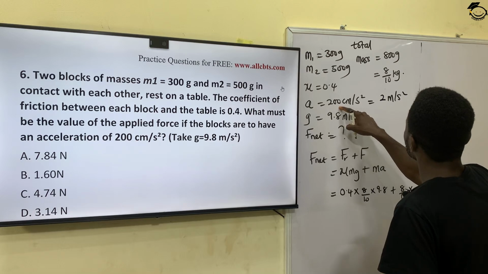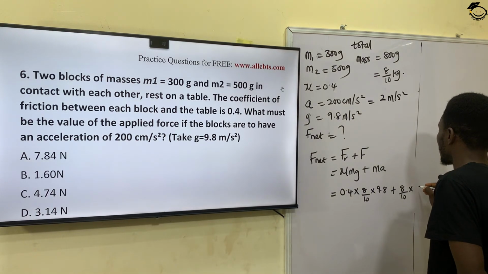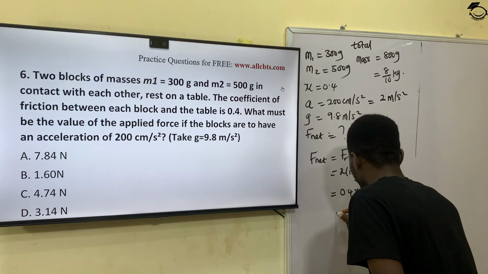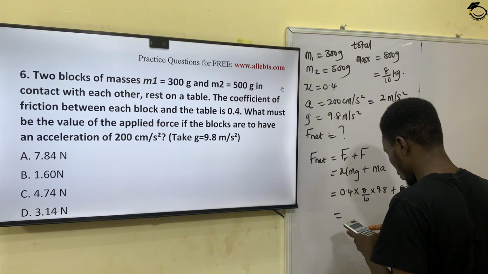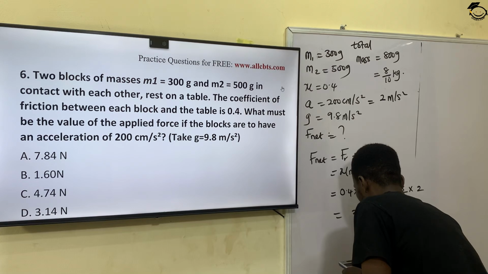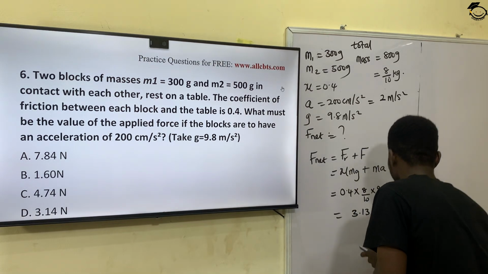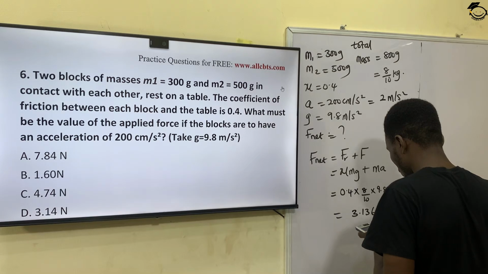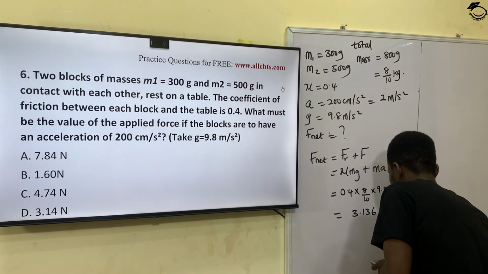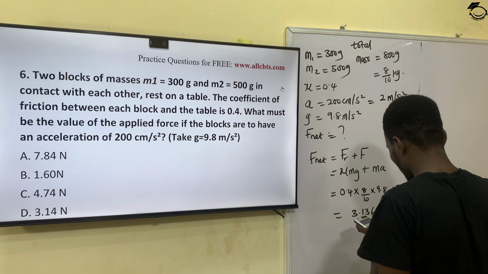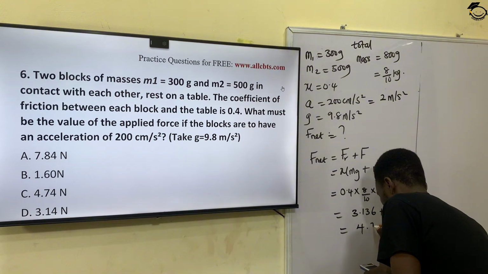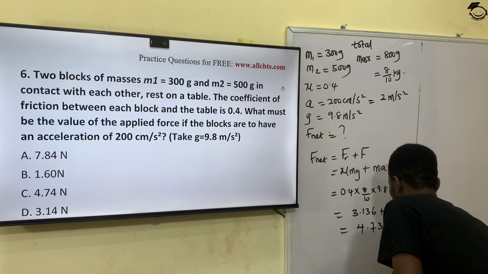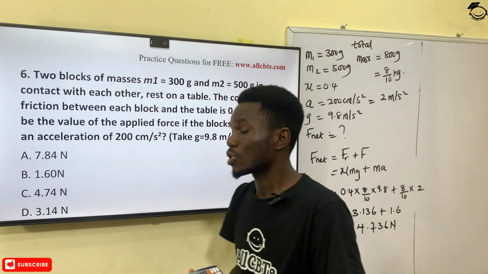When you divide by 100, you convert it from centi. So this is times 2. So this means that I have 0.4 times 0.8 times 9.8 will give me 3.136, plus 0.8 times 2 will give me 1.6 plus 3.136. So that will give me 4.736 Newton. So it means that my net force is what?